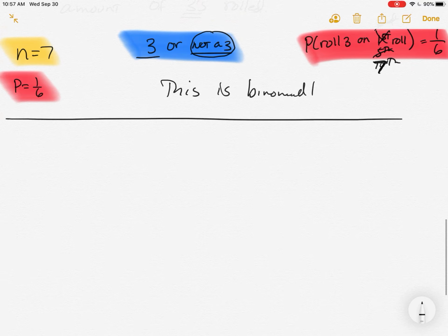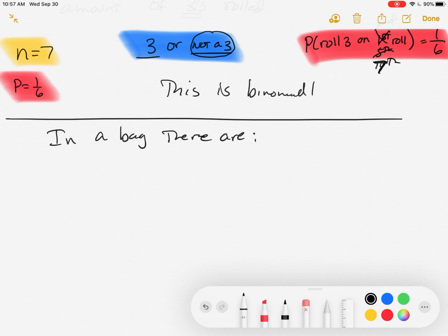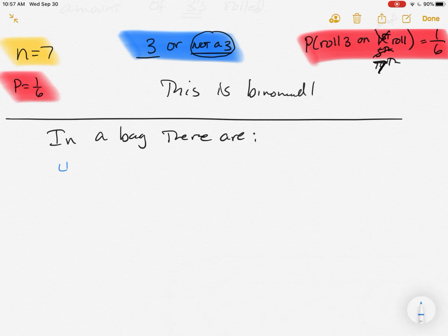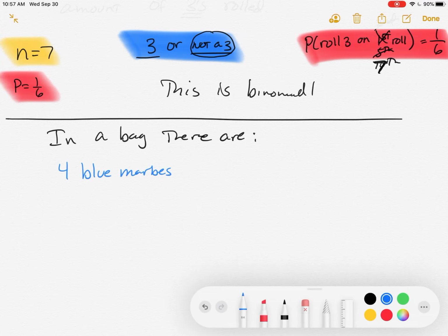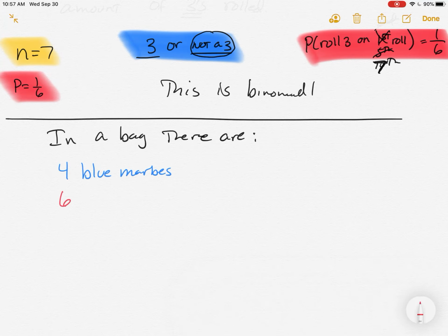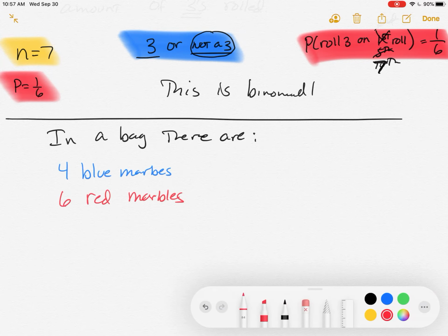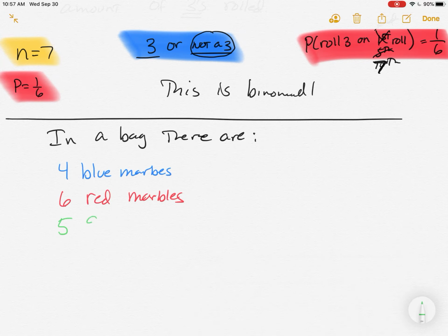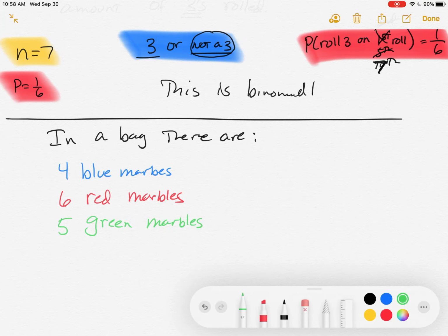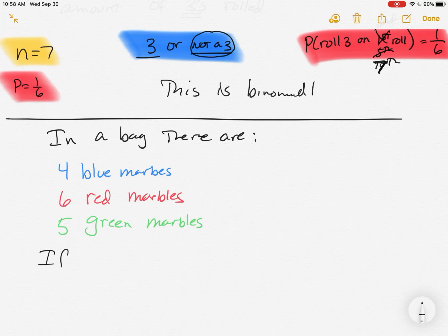What about something like this? In a bag, there are, and we'll get creative here because we can, 4 blue marbles, 6 red marbles, and 5 green marbles.